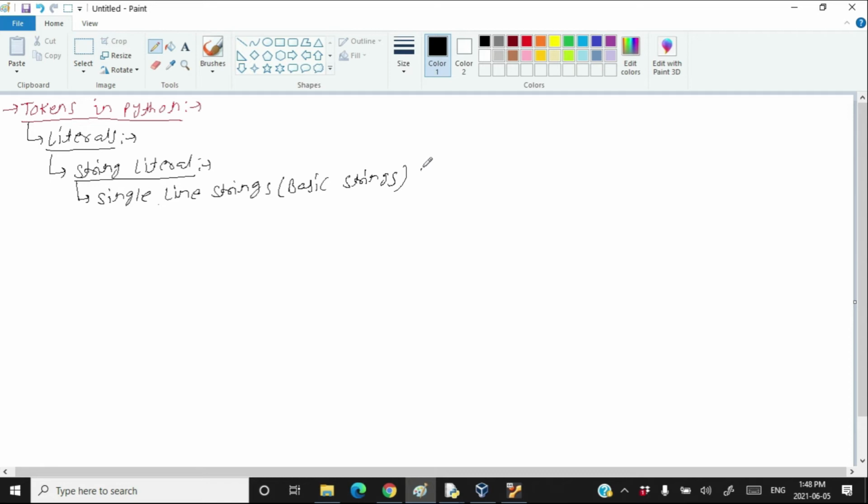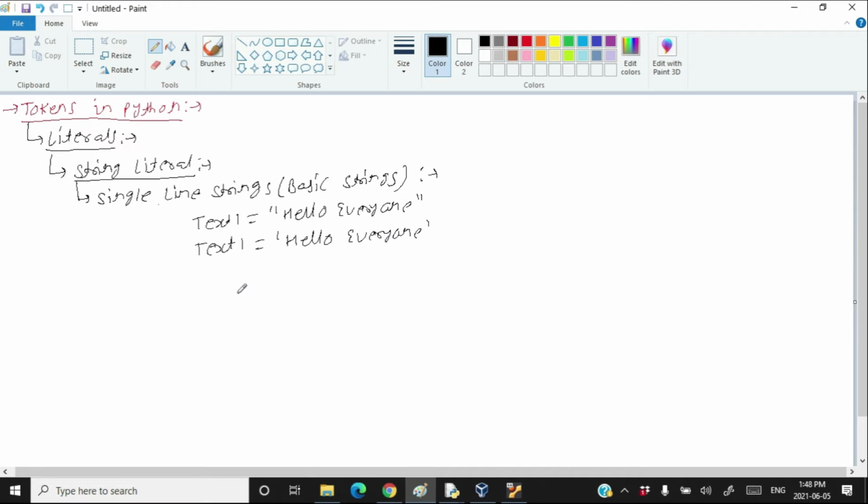As the name suggests, single line strings are strings created in a single line. That means your string will be like text1 is equal to hello everyone, or text1 is equal to a single quote hello everyone.